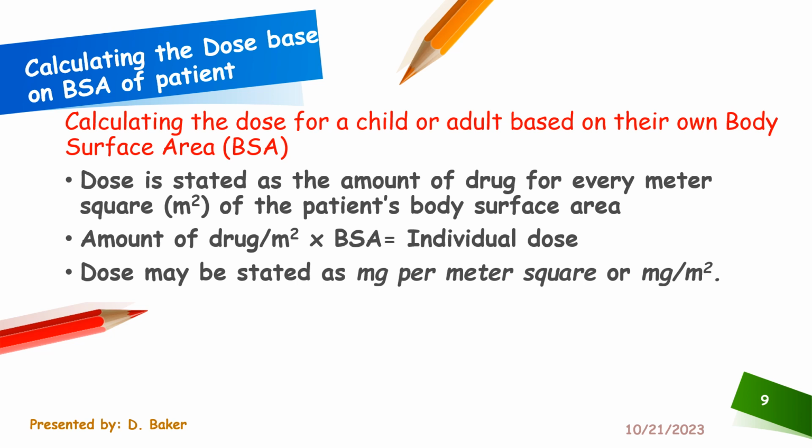Now, those methods that were presented earlier are not routine clinical practice due to the varying limitations associated with those computations. So that includes the use of Young's rule, Clark's rule, Fried's rule, or estimating the child dose from the adult dose using the body surface area.